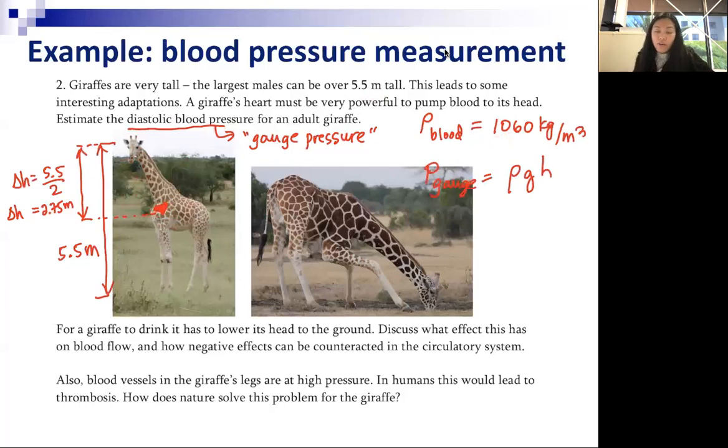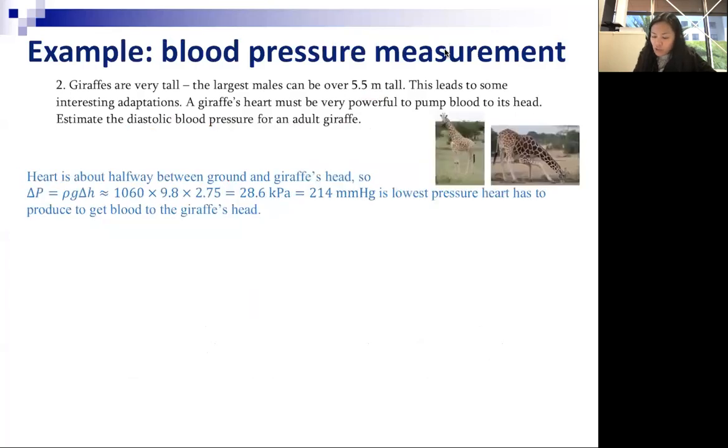Okay. Right, g of course is 9.8 meters per second squared, and so we can find that the gauge pressure is equal to rho, the density of the blood, times g, 9.8, times the height over which the giraffe needs to pump the blood. So it's 2.75 meters.